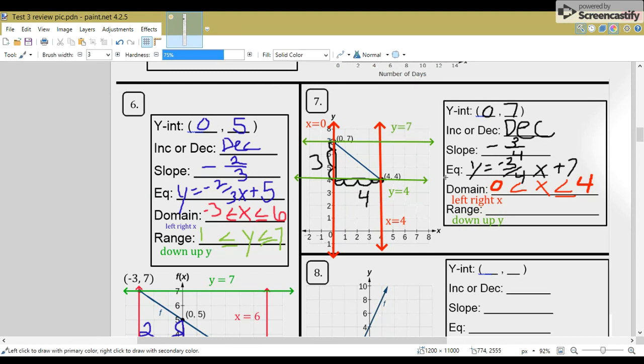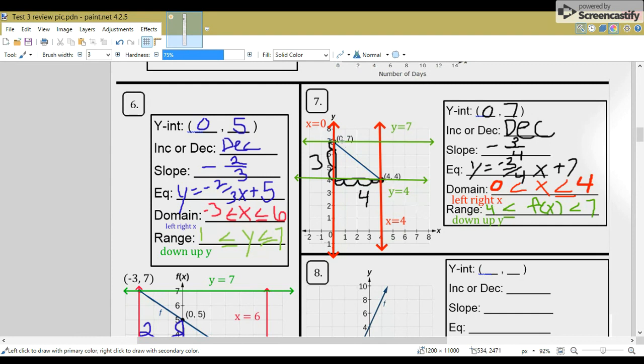So we write our lowest y on the left and the highest y on the right side. We're talking about range, so we could put either f of x or y. Let's put less than symbols. The lowest was a closed point, so we put a line under it.